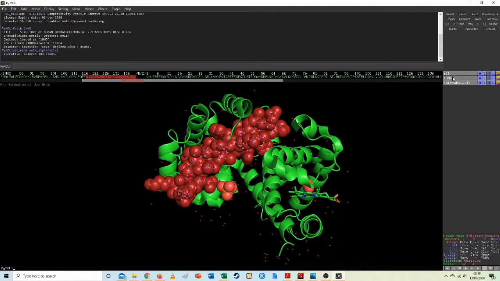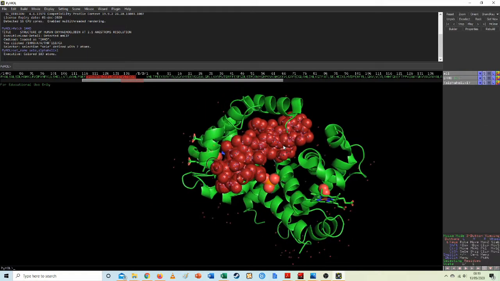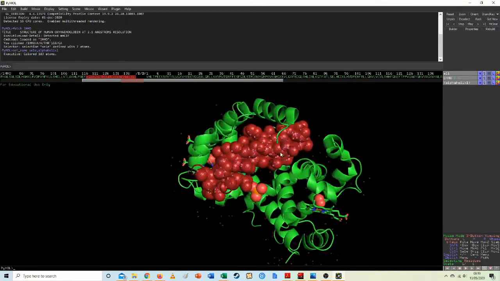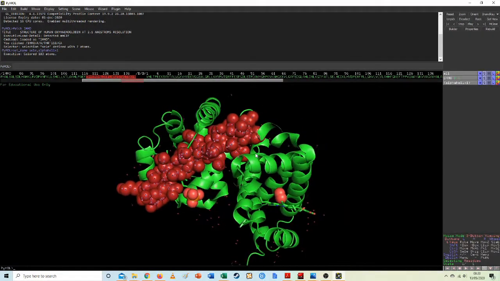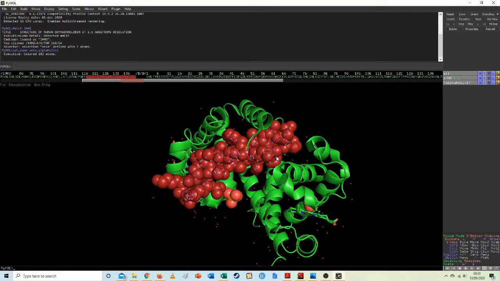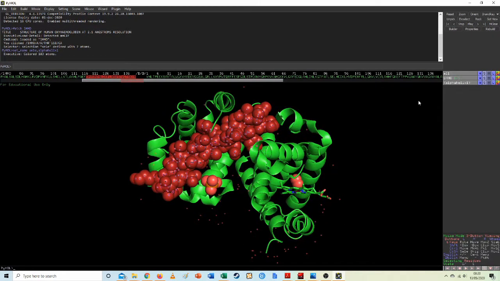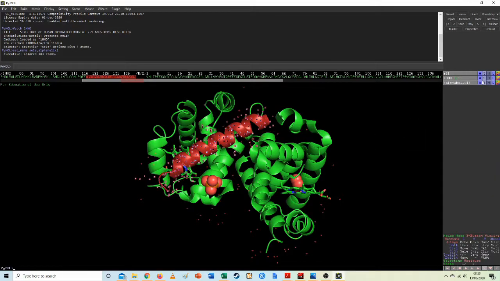Well, apparently I don't know quite how to hide the rest of the structure and keep this bit, but we can definitely see that. Actually, that's making it look a little bit horrendous. I don't want that to be looking that horrendous. Right.